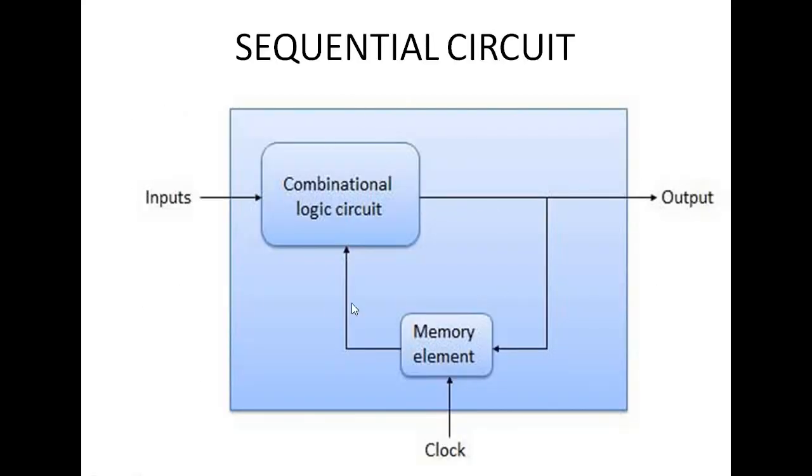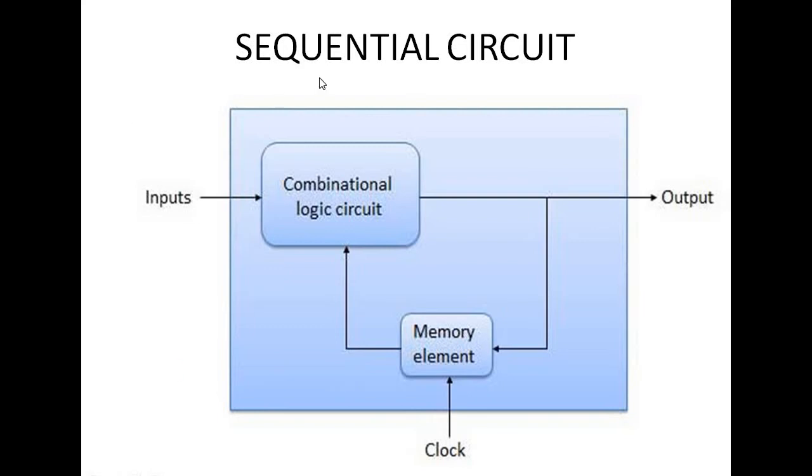This is the block diagram of a sequential circuit. See, this is the combinational circuit, with a number of inputs and a number of outputs. In addition to the combinational circuit, if I attach a memory element and a clock, this whole circuit becomes a sequential circuit.